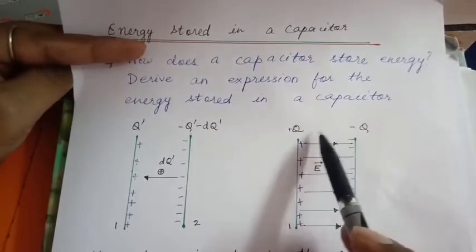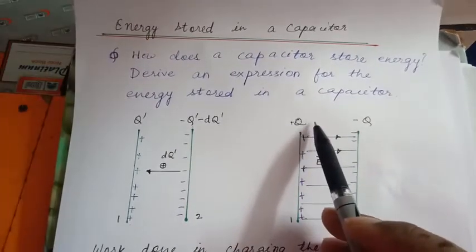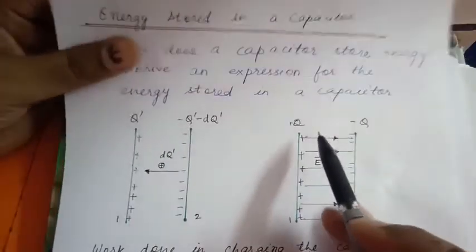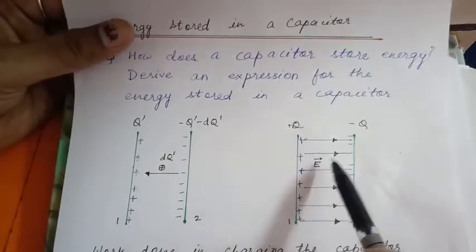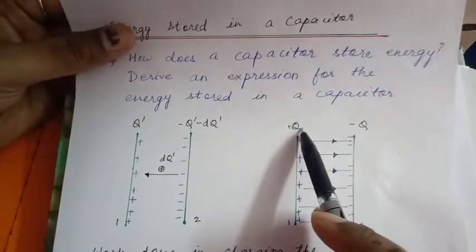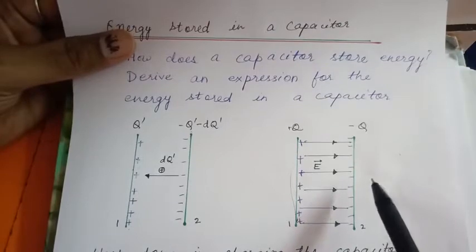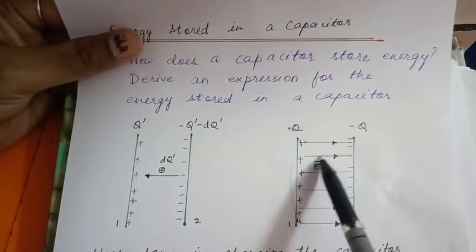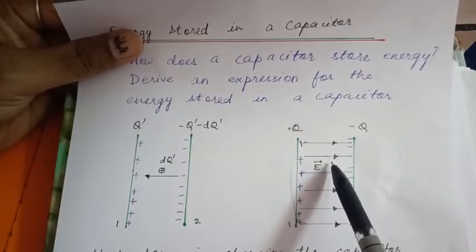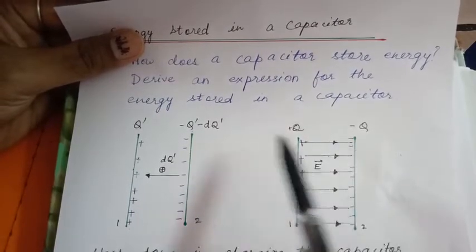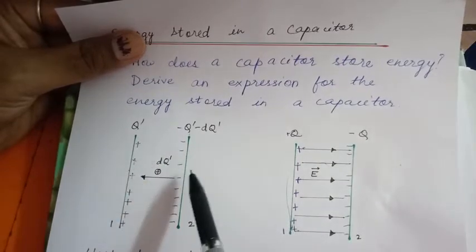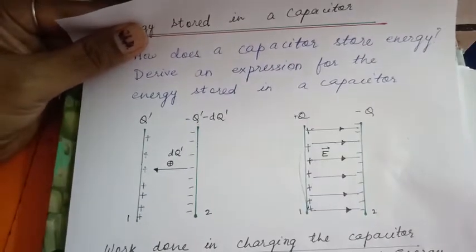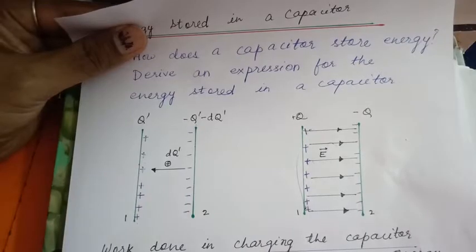So the total charge will be Q. The plates will be charged from 0 to Q, and the charging requires some work, done by transferring the charge from this plate to this plate against the electric field. That work done in transferring positive charge from the second plate to the first plate is stored in the form of potential energy of the capacitor.